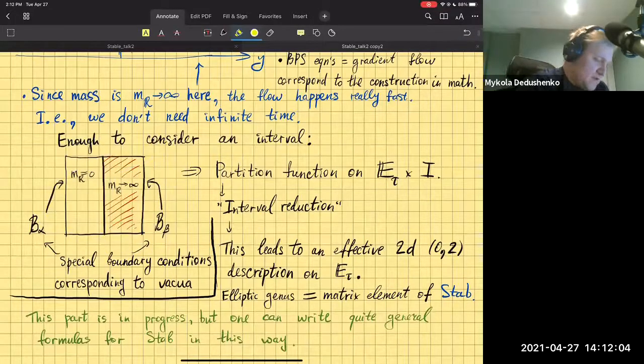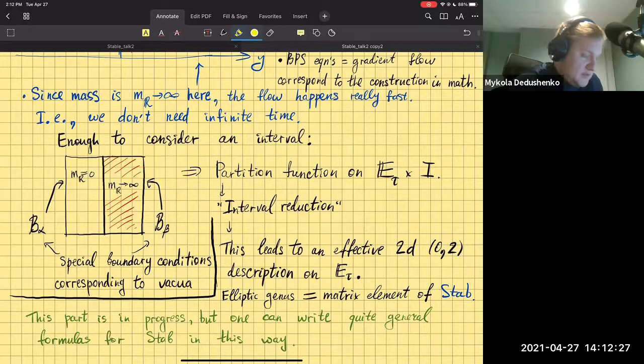There's this geometry where you have an elliptic curve times an interval. Again, half of the interval has zero mass and half has very large mass. At the boundaries of the interval, we fix special boundary conditions corresponding to vacua. And then all we have to do is compute the partition function on this geometry.